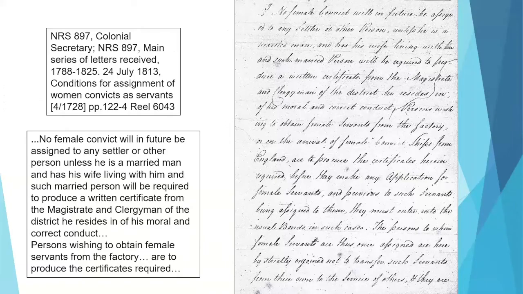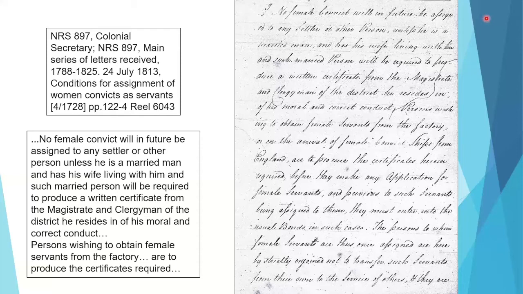Here we have a letter from 1813, looking at conditions for the assignment of women convicts as servants. And one of the points from the top there, right up here, no female convict will in future be assigned to any settler or other person unless he's a married man and has his wife living with him.